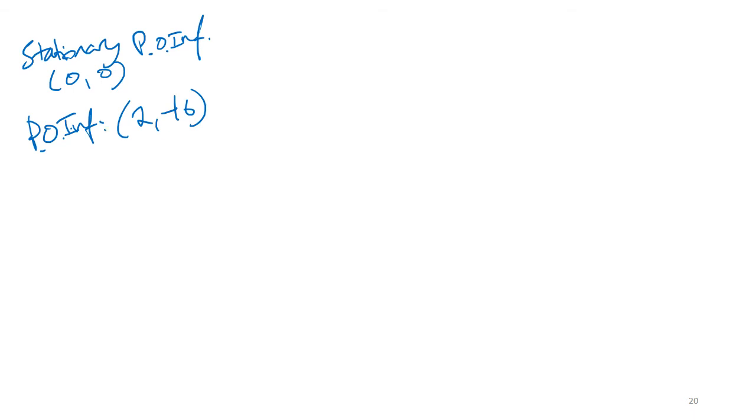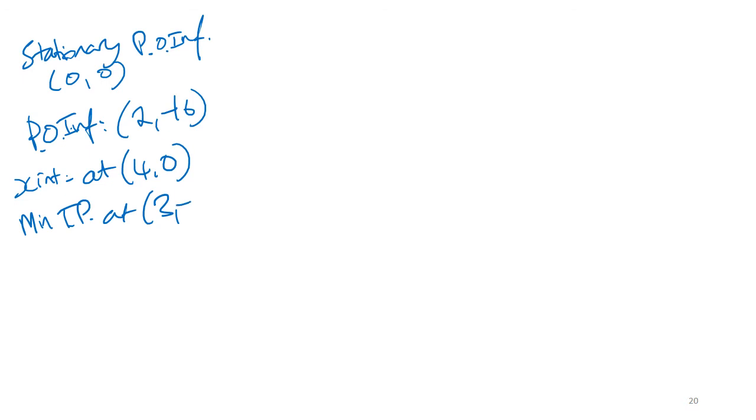We have also found the other x-intercept at (4, 0). That's the first thing that we've done for this question. We have also found the minimum turning point at (3, -27).